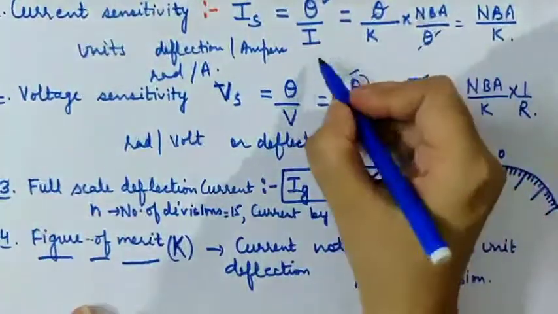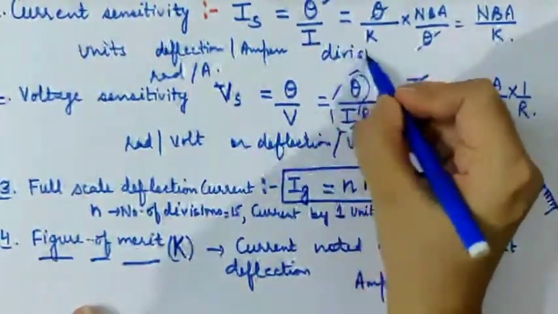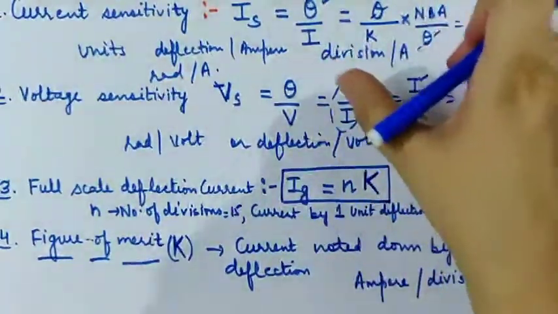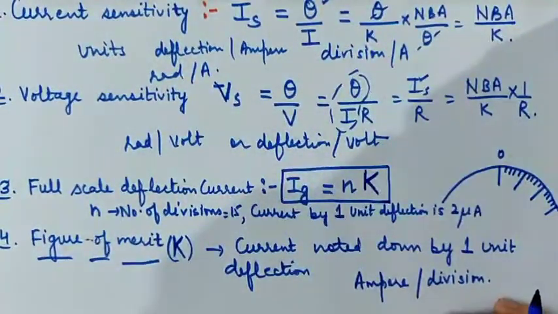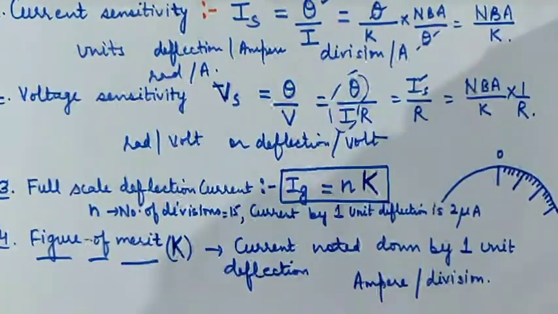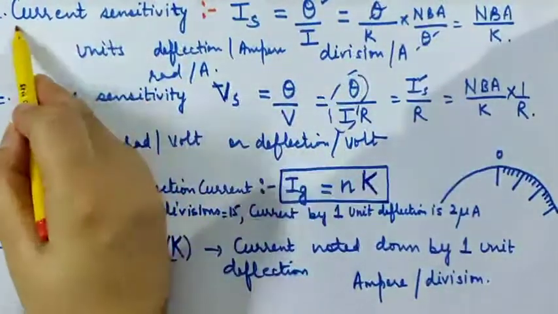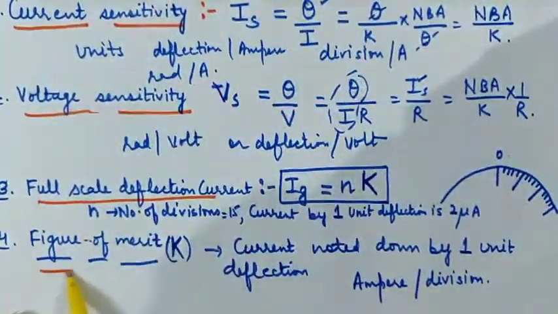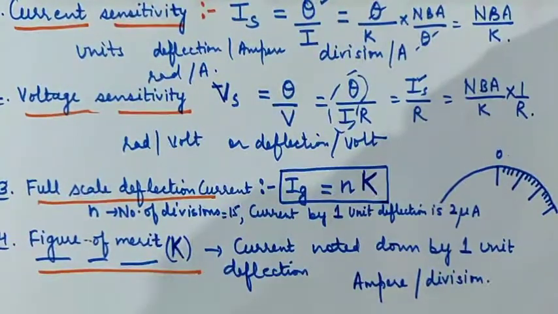You can also write it as division per ampere. So it is visibly seen that it is the reciprocal of current sensitivity. So figure of merit is ampere per division, and current sensitivity is division per ampere. So you can now carry on with these topics.